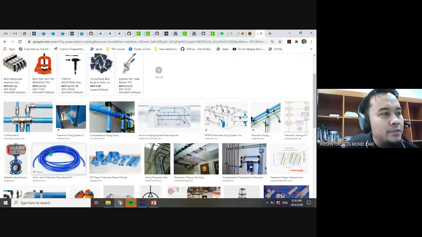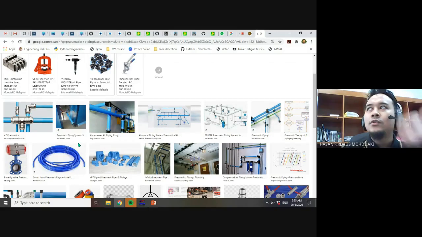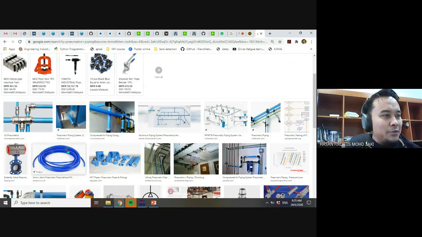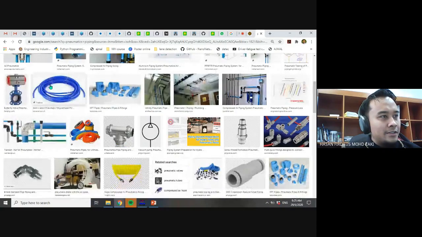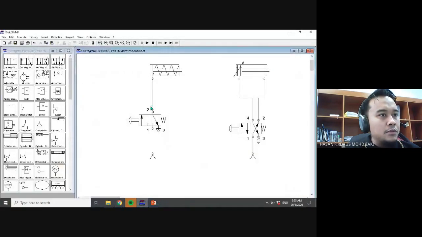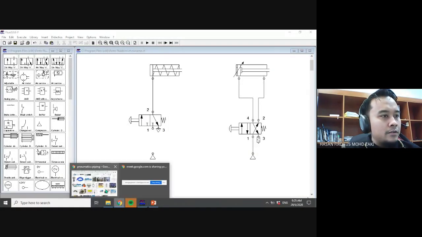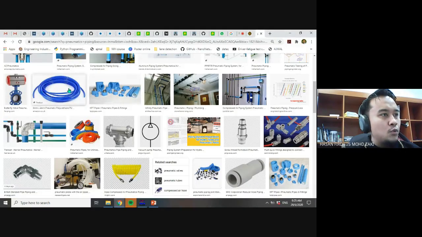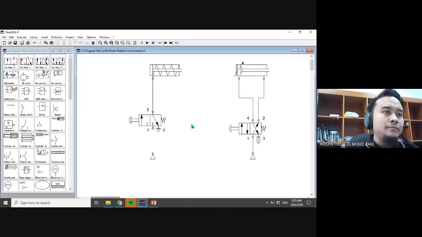If you have a DIY project, to water your plants for example, you always use this. So in reality, the lines that we have in our software are this blue piping. Now we connect port 2 and our single acting cylinder.